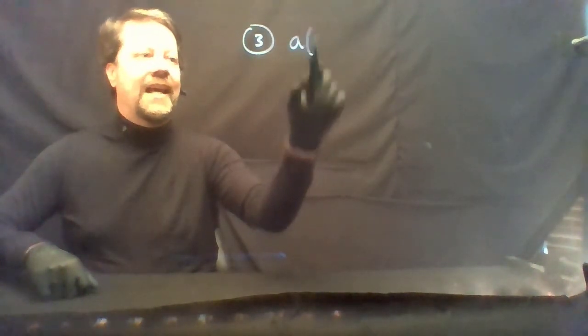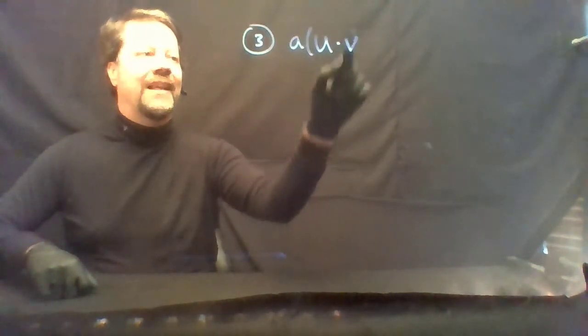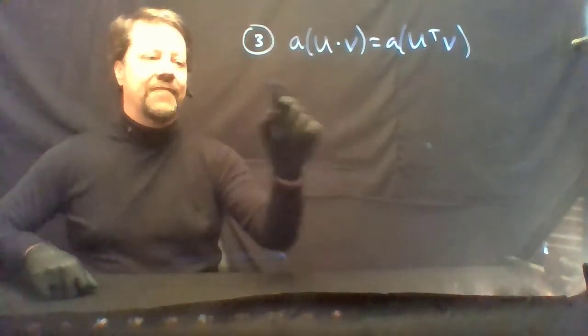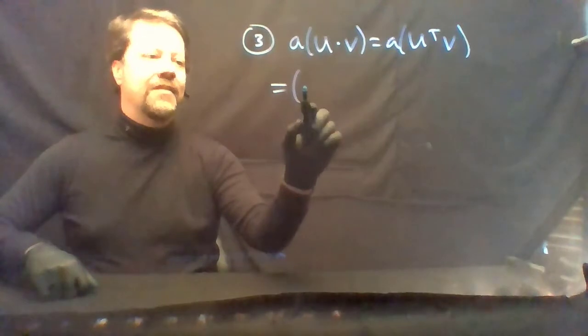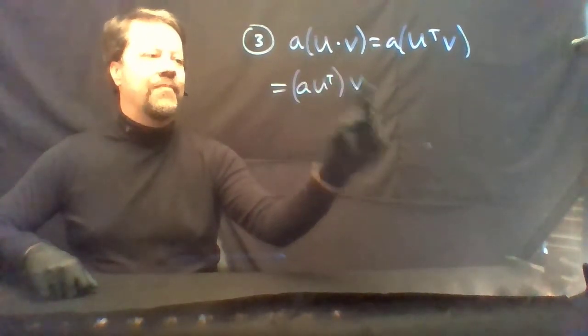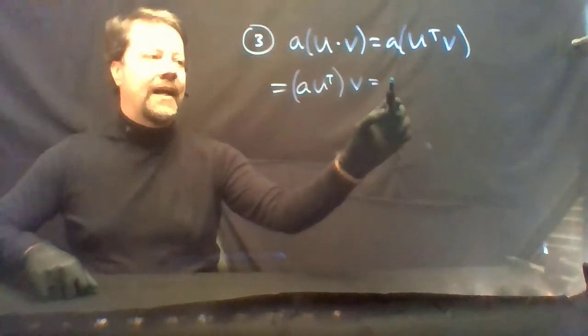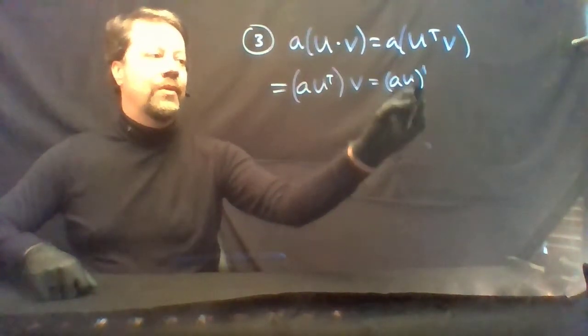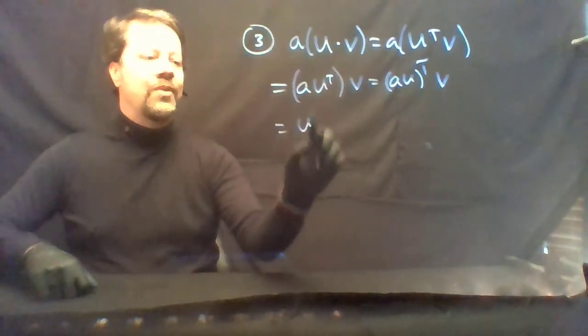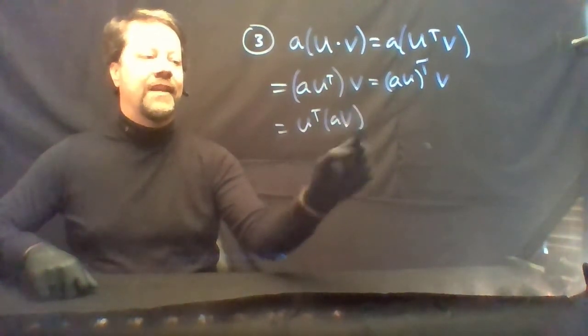The third property follows from the associative property of matrix multiplication. If I have A times u dot v, that's A times u transpose v, which is either A u transpose times v, which can be rewritten as (Au) transpose v, or we can write it as u transpose A v.